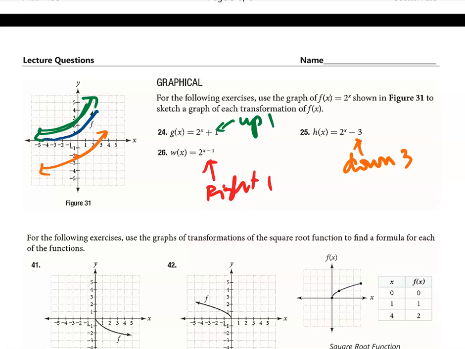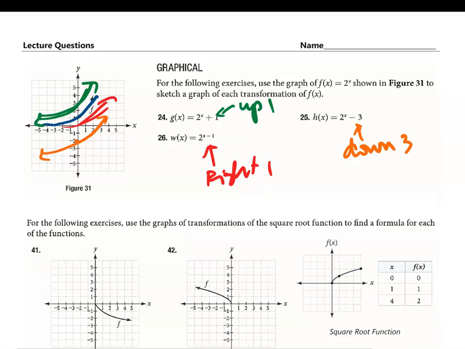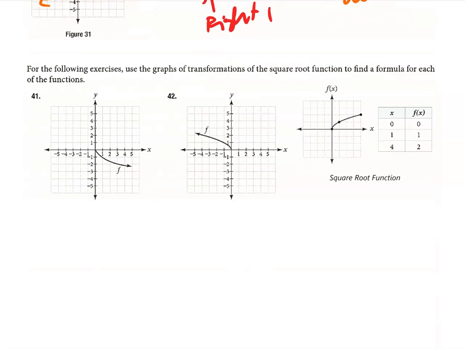And then number 26, red, you move this 1 to the right. Okay.